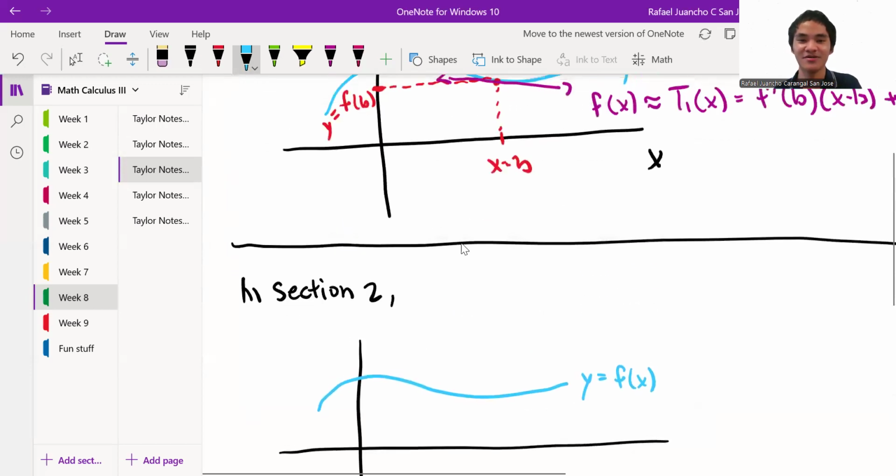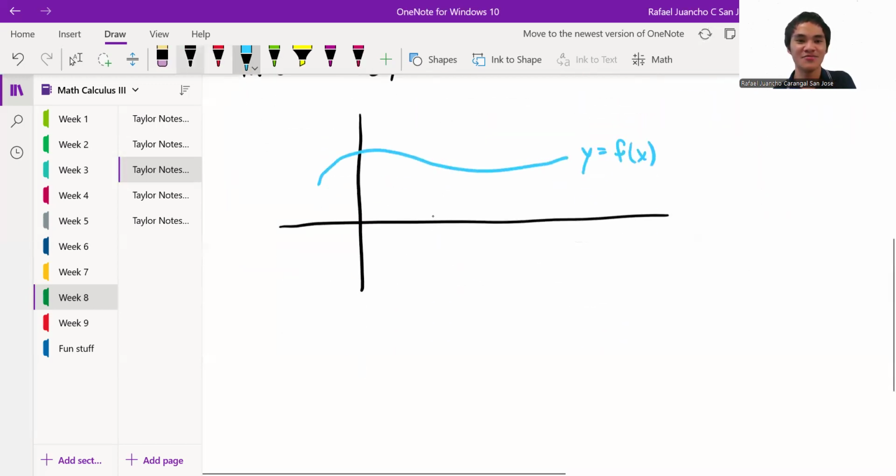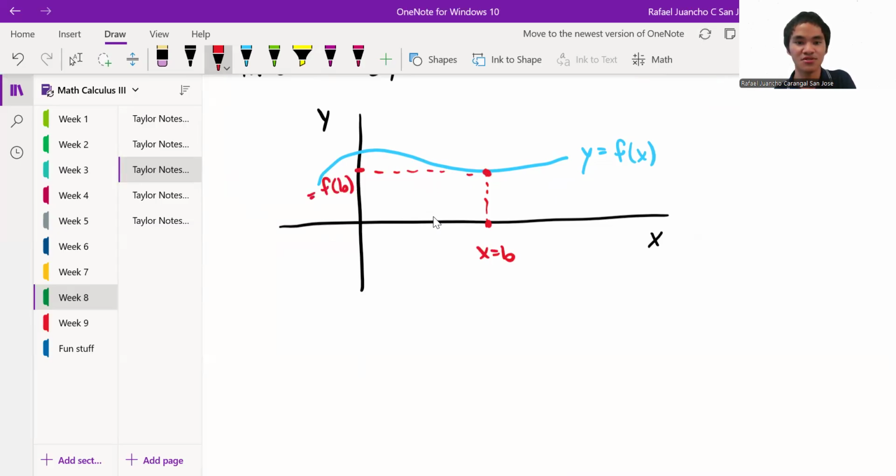So that was my plane curve. Again, we're in my x and y axis, and again I'm trying to find an estimate. This is x equals b. This is f of b, which is around y. And so there's the point b, f of b.